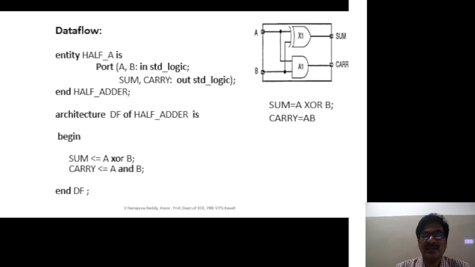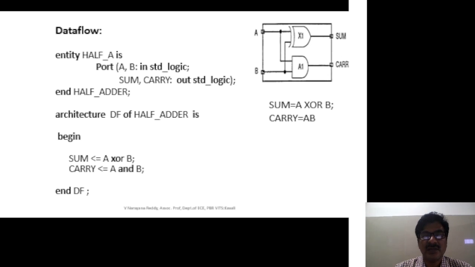Like that you can write the entity declaration and architecture body for every digital circuit. These two are a must for any digital system to develop the program in VHDL. You can take any other digital circuit and develop the architecture body in the data flow style.